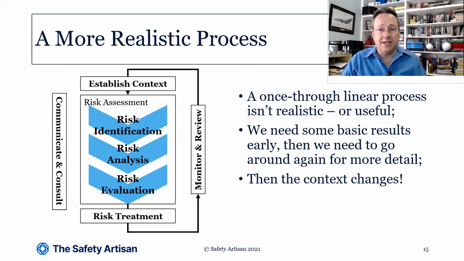Then we've got some risk assessment, which consists of risk identification, risk analysis, and risk evaluation, saying, you know, where are we relative to some yardstick or some framework that determines whether a risk is acceptable or not. And then, having determined whether the risk is acceptable or not, we may need to apply some risk treatment in order to further reduce the risk, okay? And then hopefully we've got the risk down to an acceptable level.